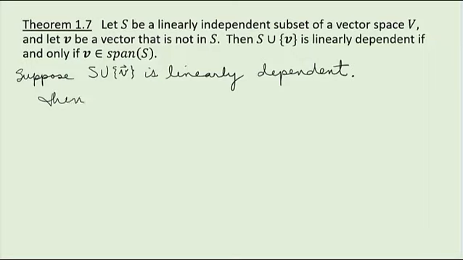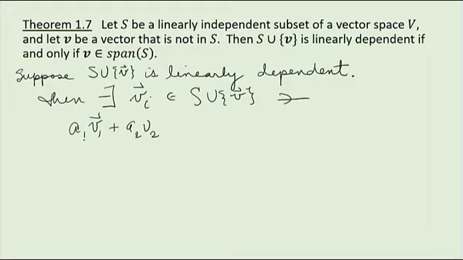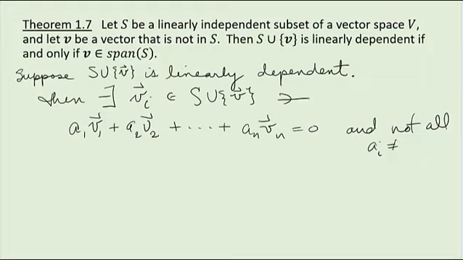Then there exist vectors v_i in this set S union {v}, a finite number of them, let's say n of them, such that there exist scalars a1 through an with a1 v1 plus a2 v2 plus up to an vn equals 0, and not all of the a_i's are equal to 0. Some of them are not 0.